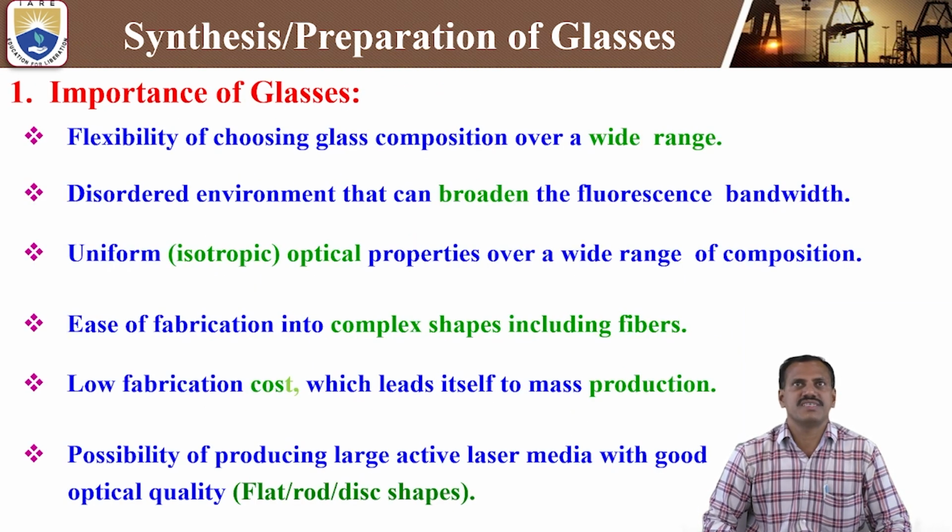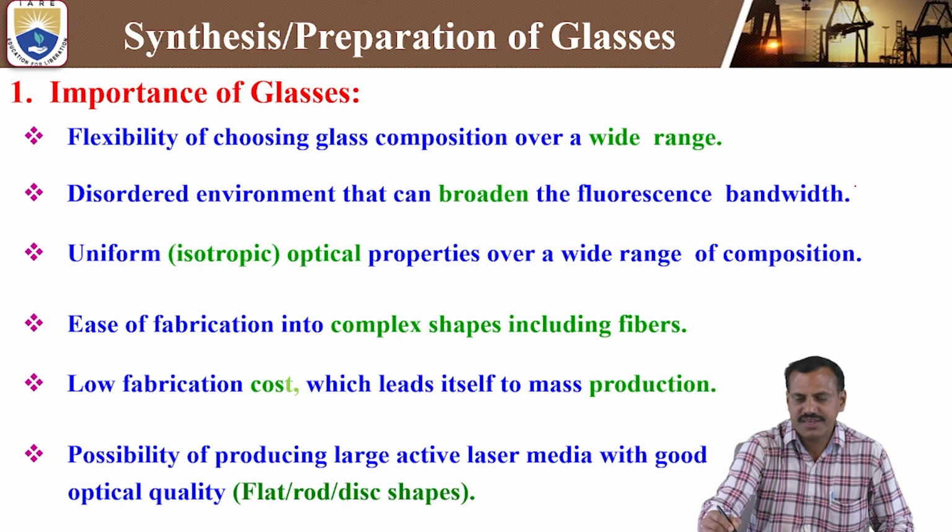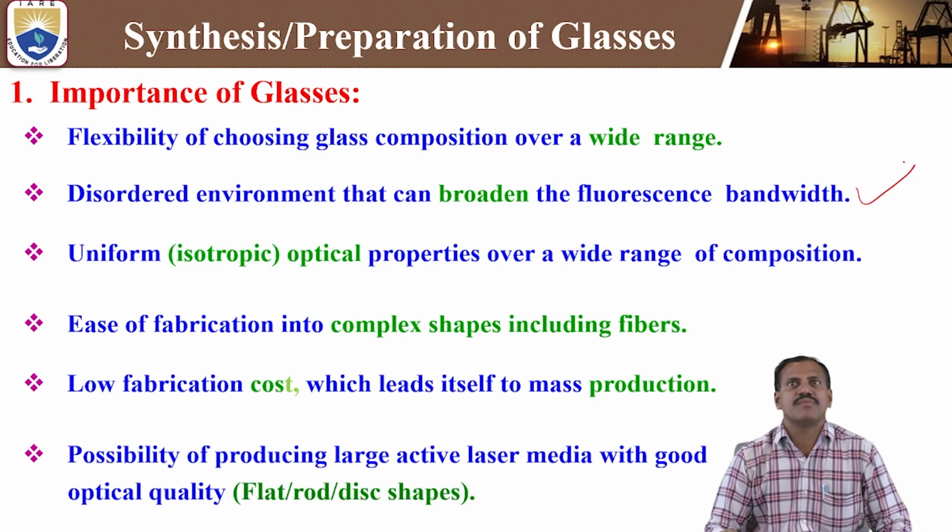Coming to the first one, the importance of glasses. Glass exhibits the flexibility of choosing glass composition over a wide range. That is one of the important properties of glasses. The second is that the disordered environment can broaden the fluorescence bandwidth; we can change the bandwidth by tuning the environment of the composition.